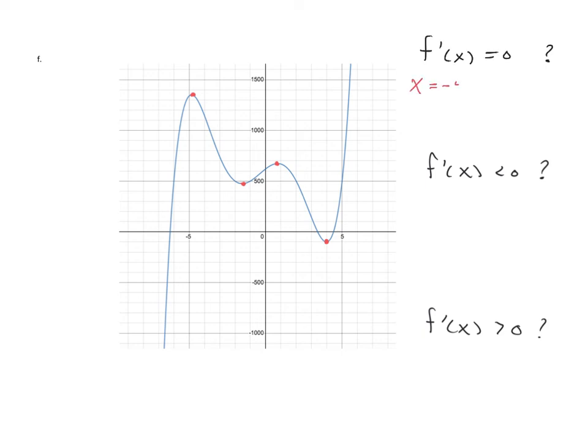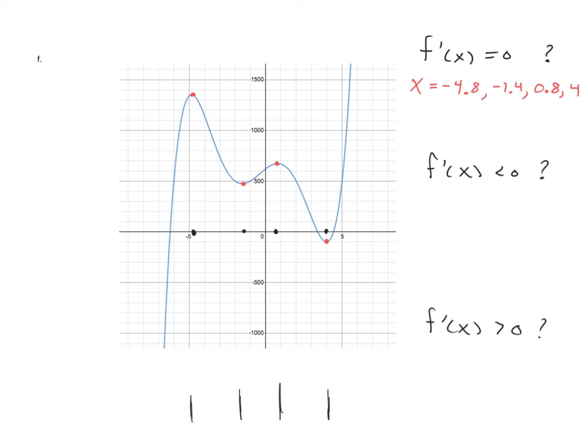I'm going to say negative 4.8, maybe negative 1.4, maybe 0.8 and 4. Close enough. I think that's where it's 0. So I'm going to mark this spot, here, and here. Those are the places where the derivative is 0. That's 4 places. So that's 1, 2, 3, and 4.